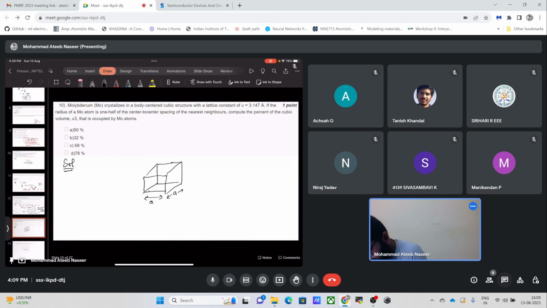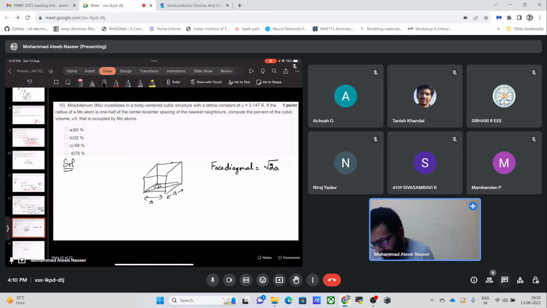Okay, this would be simply root 2a. Now if we consider this the face diagonal, that would be root 2a. Let me write down this face diagonal, because then it is hard to recapitulate things. It is equal to root 2a.